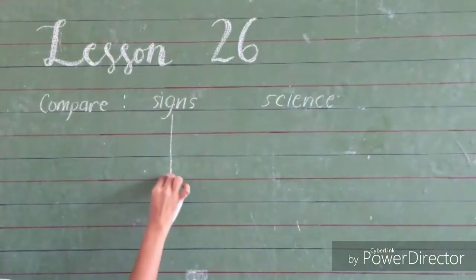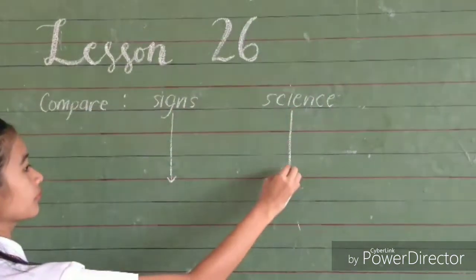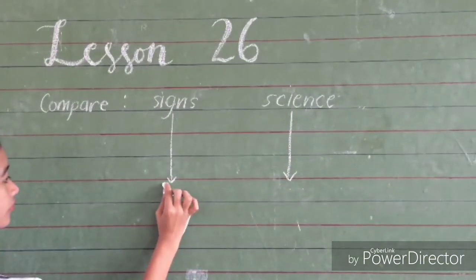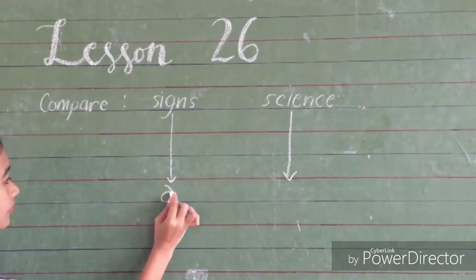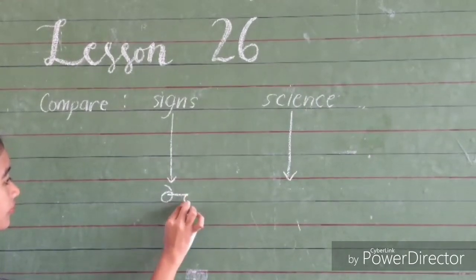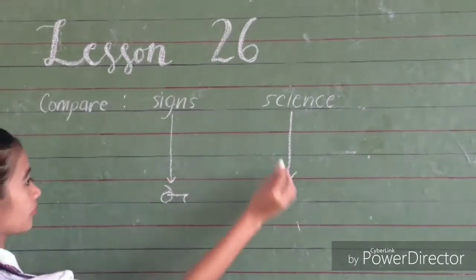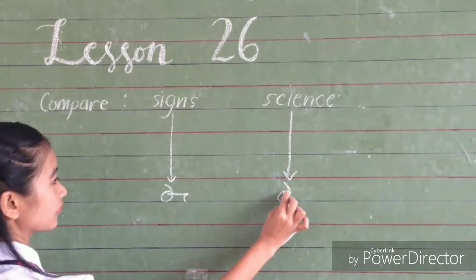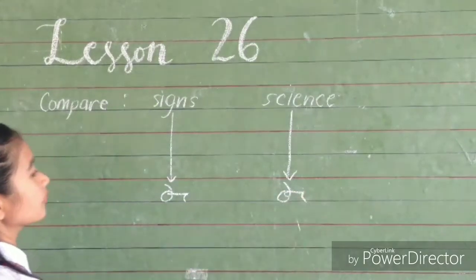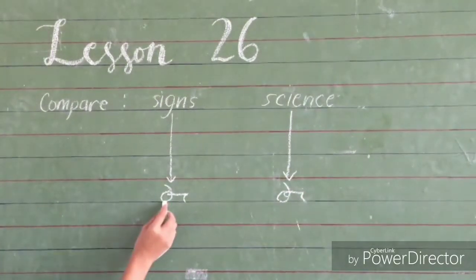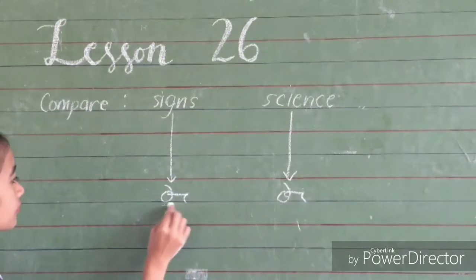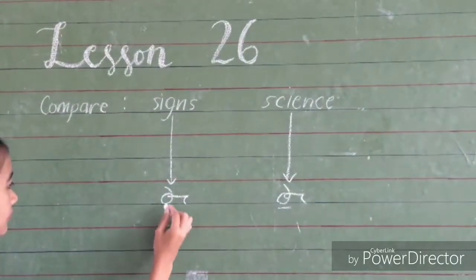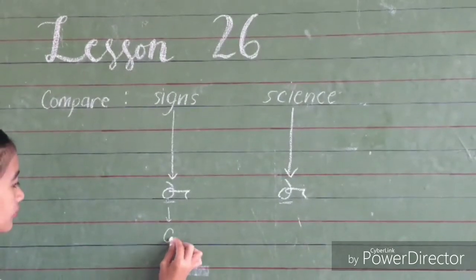So for the first word, which is science, it is written in shorthand as shown. However, the word science is also written in shorthand like this. So as we can see, there's a big difference between the two I, wherein the first I is represented by a broken circle.